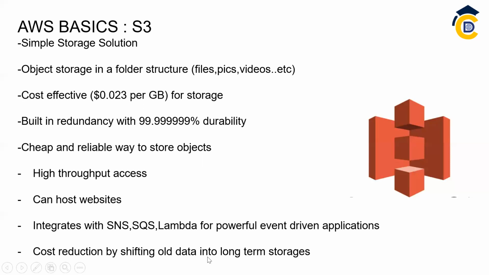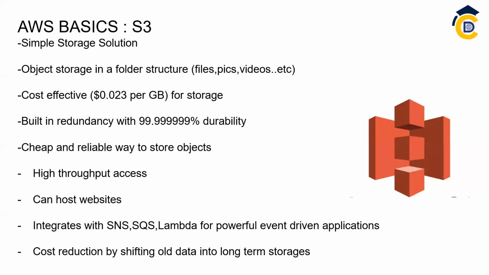And cost reduction by shifting all data into long-term storage. So behind the scenes, AWS has an algorithm where it checks that a particular file has been sitting in my S3 bucket for so long, and it has not been used for so long. So what I'll do is I'll archive it somewhere cheaper, which is nothing but S3 Glacier. There's another service we saw, right?